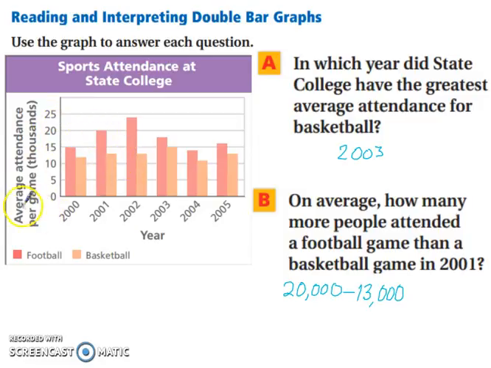Well, if you look, it says average attendance per game in thousands, which means each of these numbers represents thousands. So this would be like 5,000, 10,000, 15,000. So when you're doing your calculations, you have to keep that in mind. So we have 20,000 minus 13,000, which gives us 7,000.